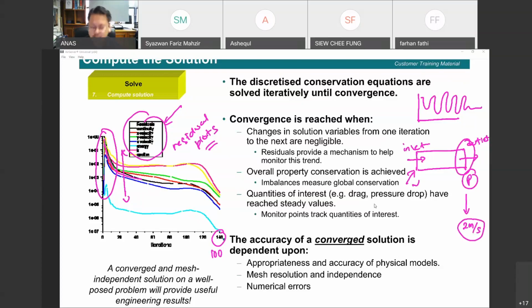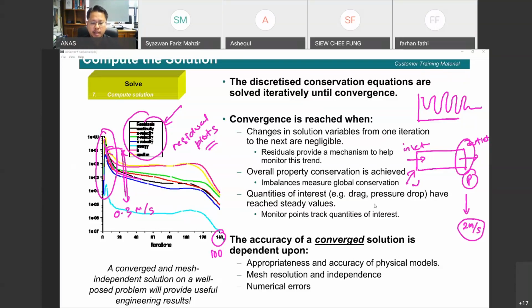Of course the simulation does not know this at first. At the start of the simulation, maybe the value the computer started with is 0.3 meter per second, because the computer does not know the real value.